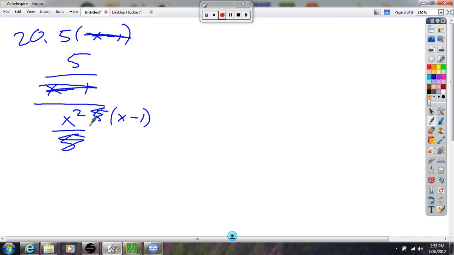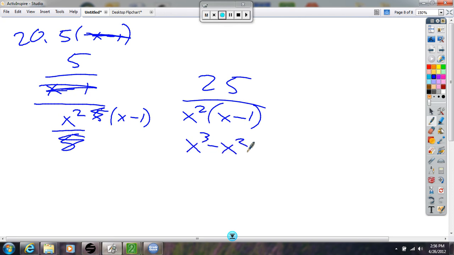Now multiply. Over what? X squared times x minus 1. And then you could say x cubed minus x squared. So either one of these I would accept as the denominator. We're done. That's it.